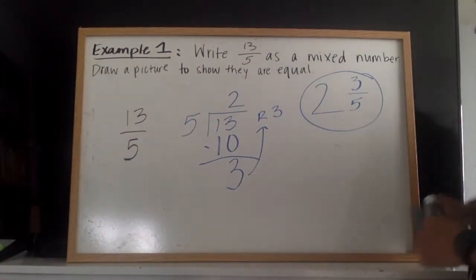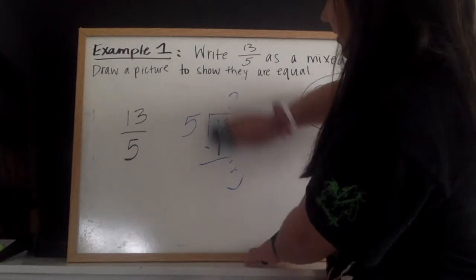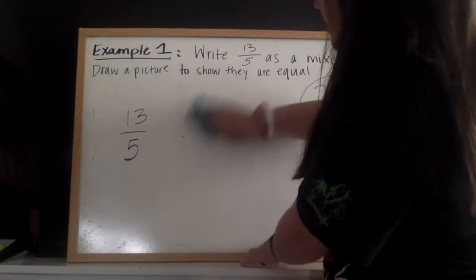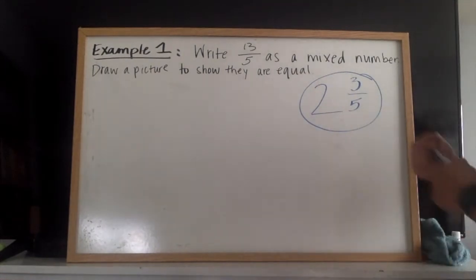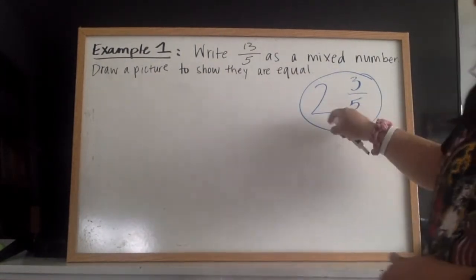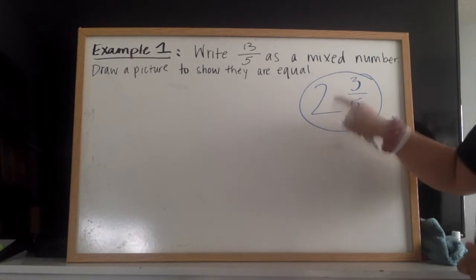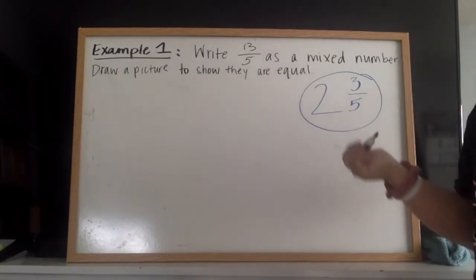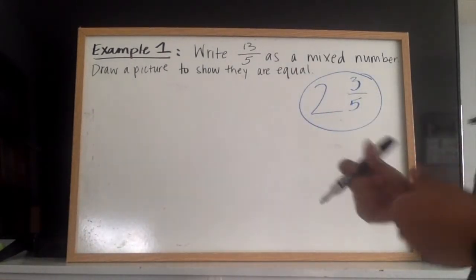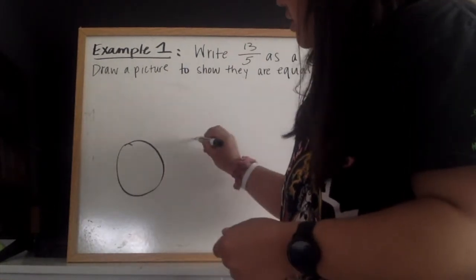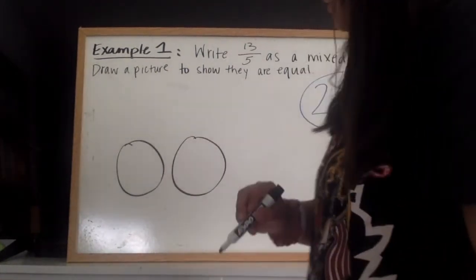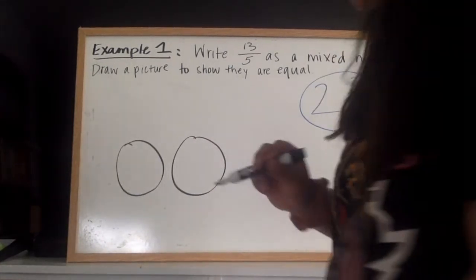So I'm going to draw some circles here. Okay, 13/5. So I'm going to draw 2 whole circles, but I am going to put them into fifths just because we are working with fifths here. 2 whole circles. I'm going to do my best to draw fifths.